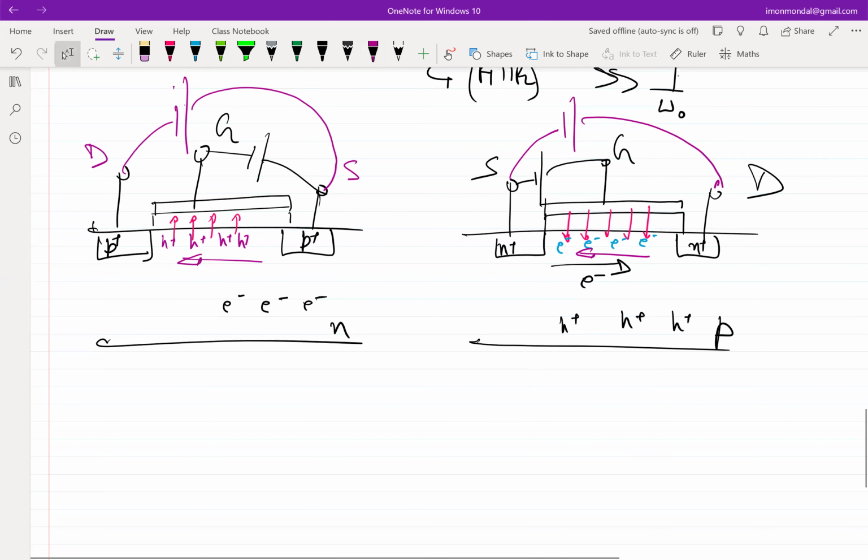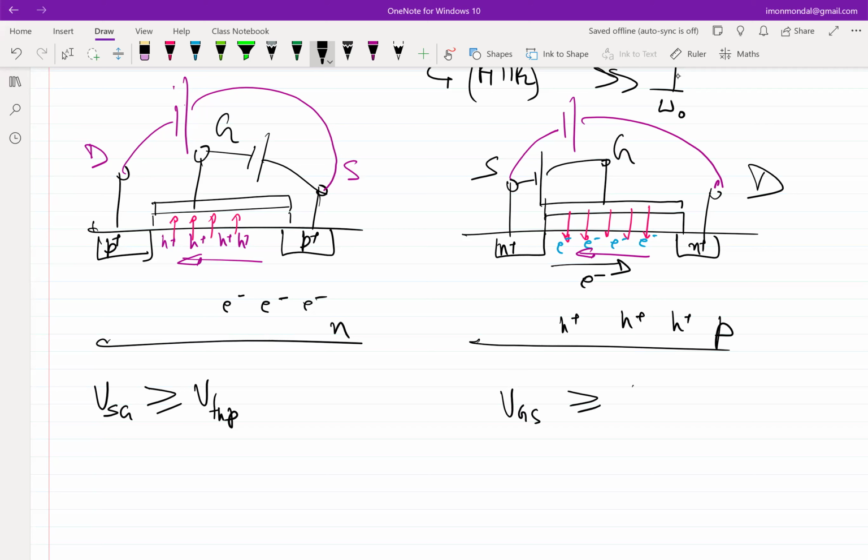So the turning-on constraint in the case of a PMOSFET device was VSG should be greater than some threshold voltage. In the case of an NMOSFET device, it becomes VGS should be much greater than some threshold voltage.